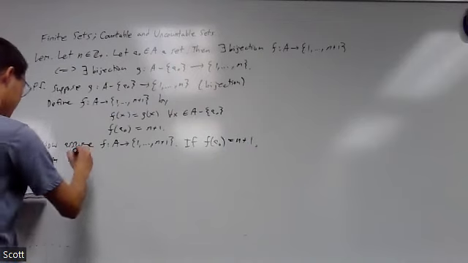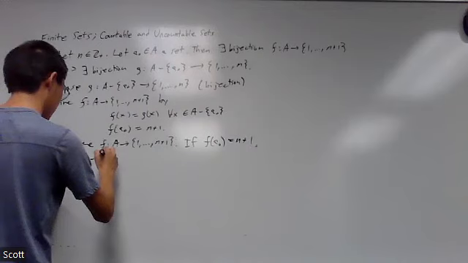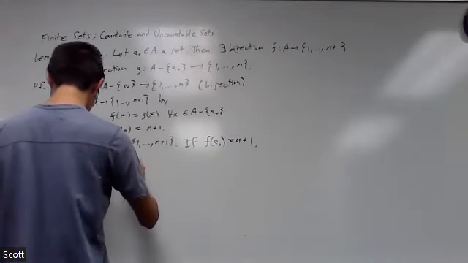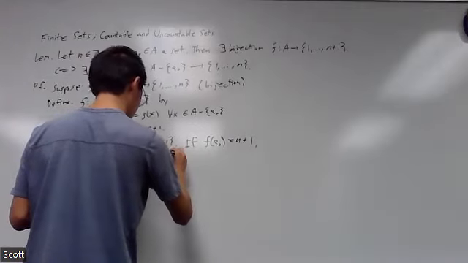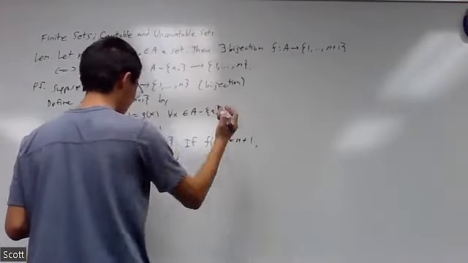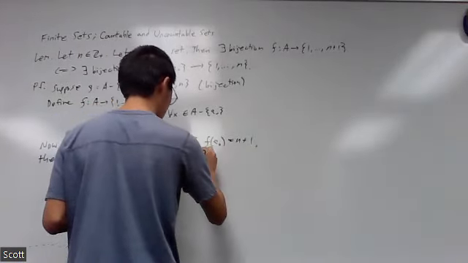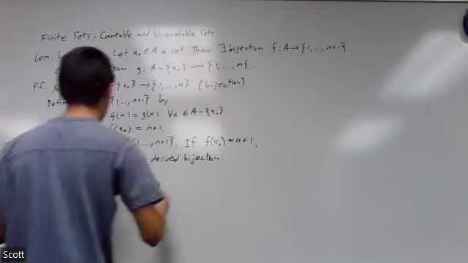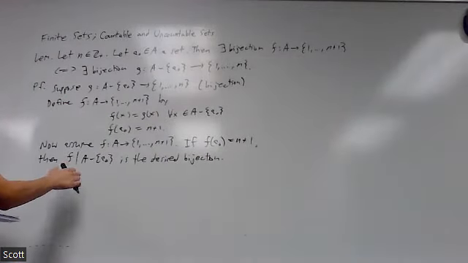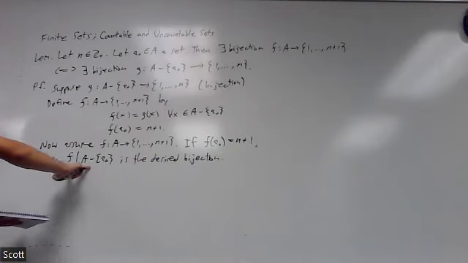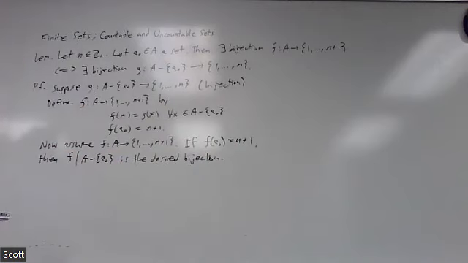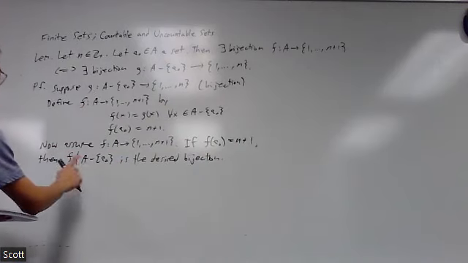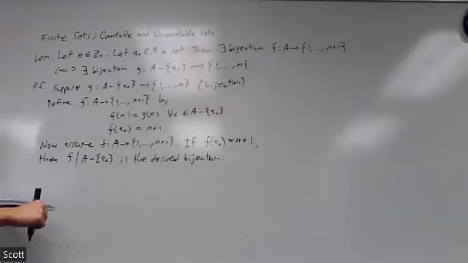So f restricted to A minus a naught is the desired bijection. So basically, that's how we want it to be. But it was cool because up until now, I hadn't found a way to apply why we needed restrictions or why they defined restrictions. So that's actually kind of a slick way to do it, without having to specify all of the English words. That's just all contained in that.